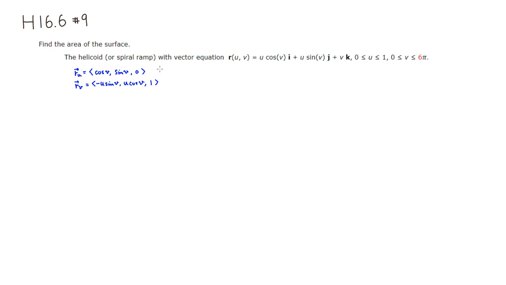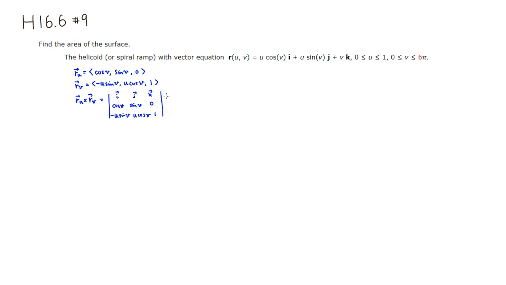Right? So let's compute the cross product of the partial derivative of r with respect to u and the partial derivative of r with respect to v. Vectors i, j, k; cosine of v, sine of v, 0; negative u sine of v, u cosine of v, and 1.